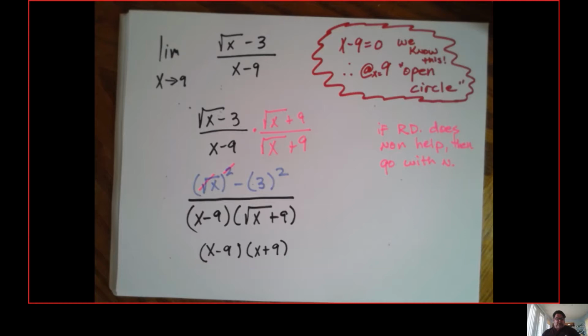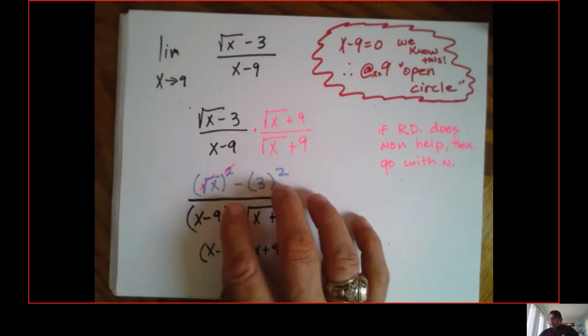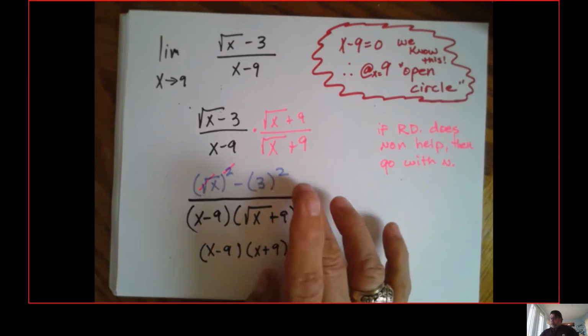Hold on a second. Okay. I messed up. Well, I'm looking to see if we could continue on. That's going to give you x minus 9. Okay, we can still go.